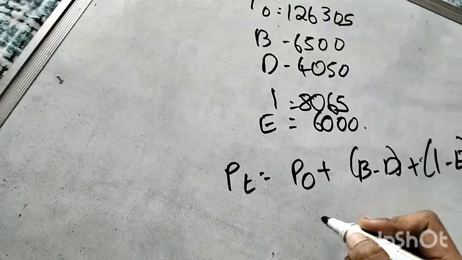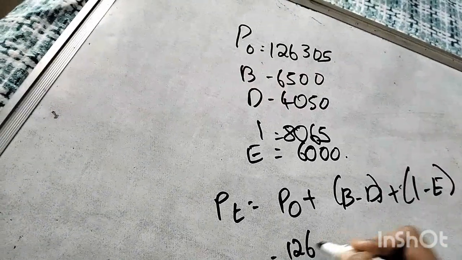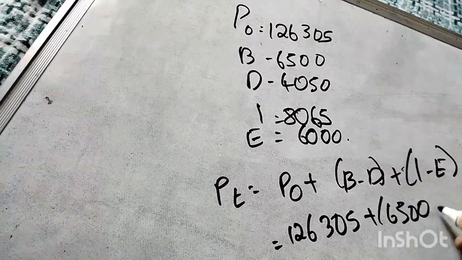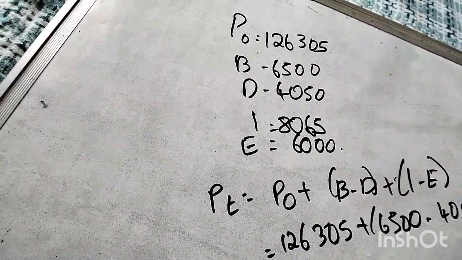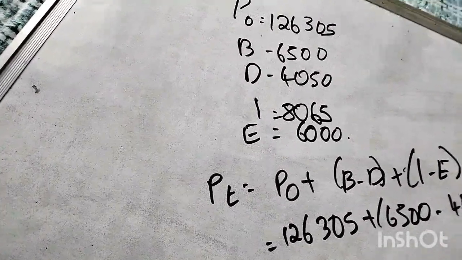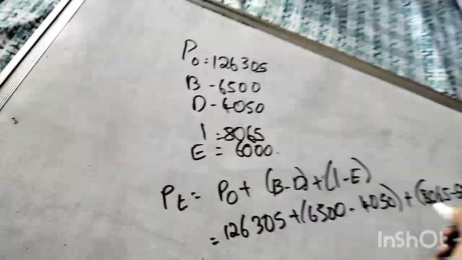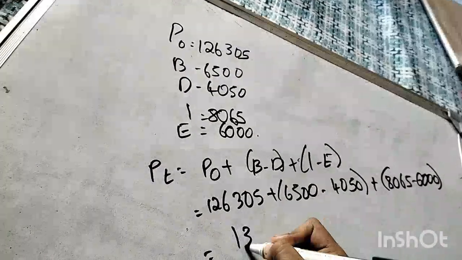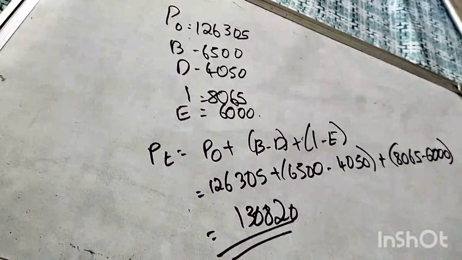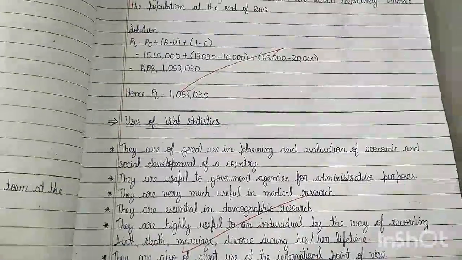So P naught is 126305 plus 6500 minus 4050 plus 8065 minus 6000. So you do this, you get 130820. This is the answer.